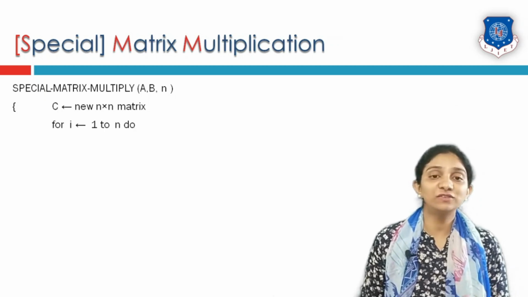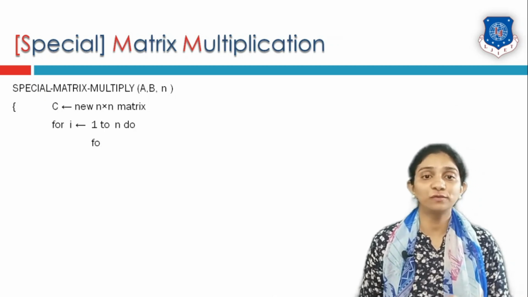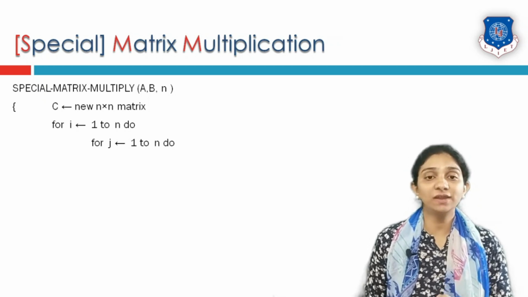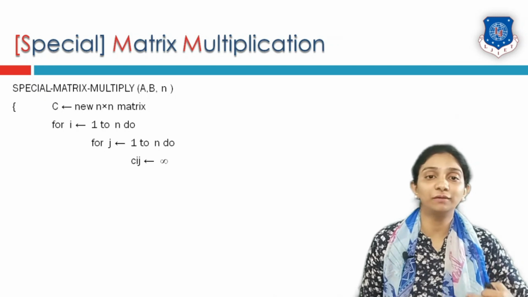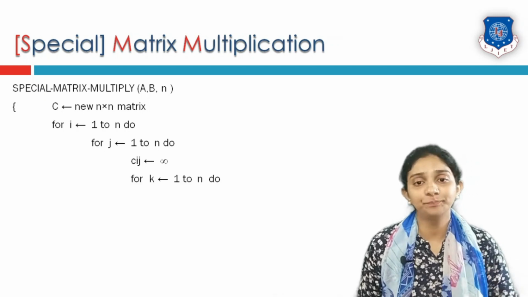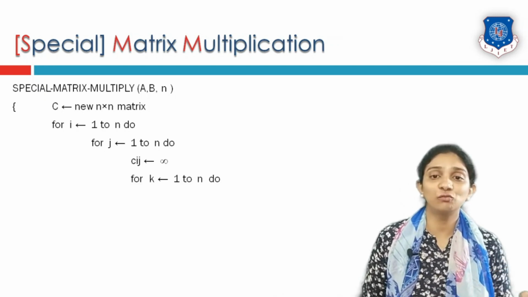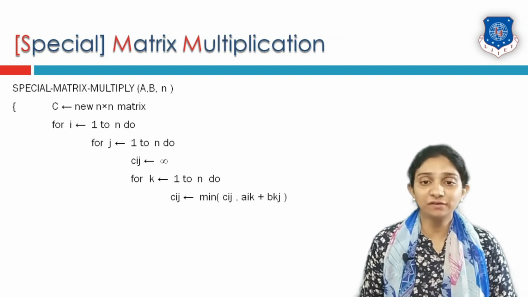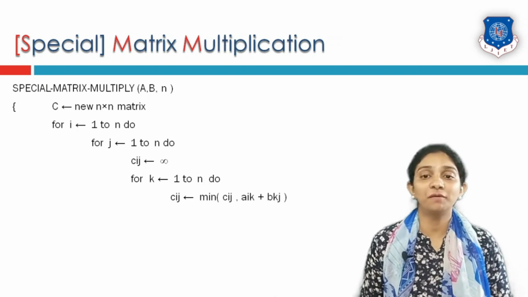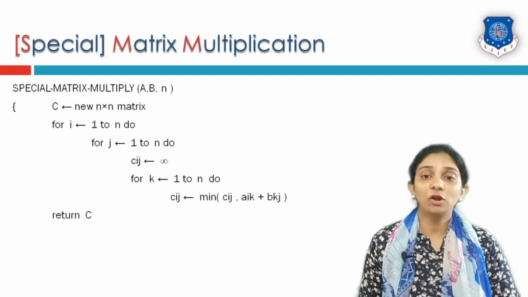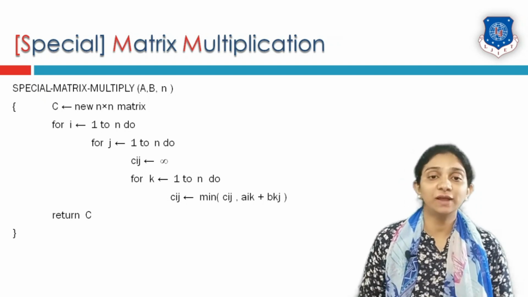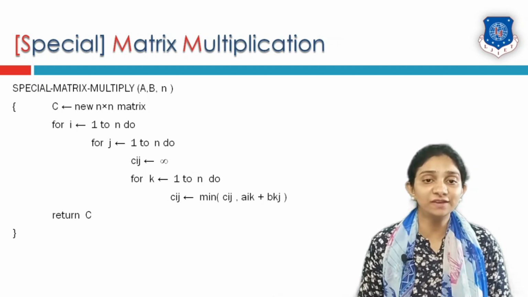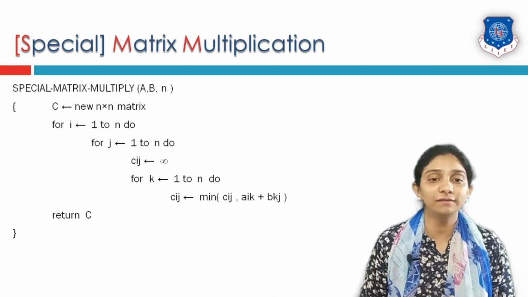For i equals 1 to n, that is rows from 1 to n, for j equals 1 to n, we initialize every element of the new matrix to infinity, and for k equals 1 to n, C of ij is the minimum of C of ij, comma A of ik plus B of kj. At the end of these three for loops, we return C.